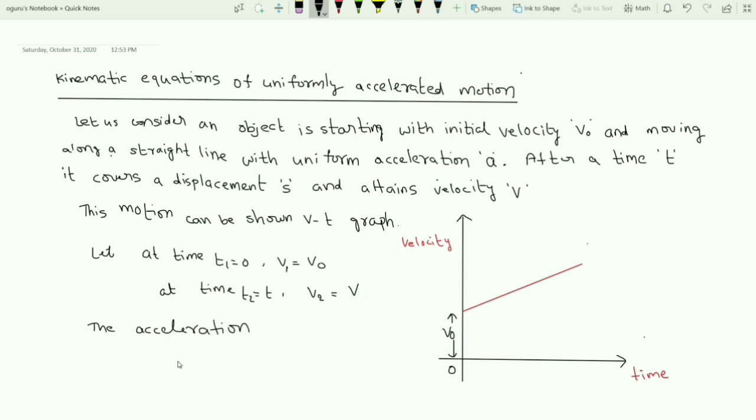Then the acceleration is given by a equals v2 minus v1 over t2 minus t1. The acceleration is the ratio of change in velocity to time interval.